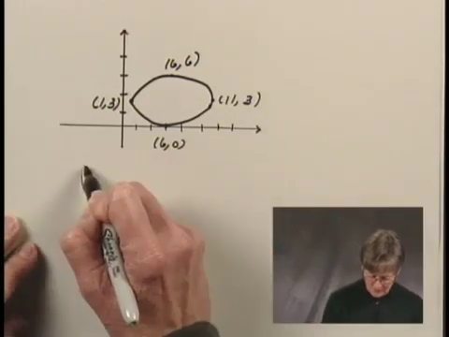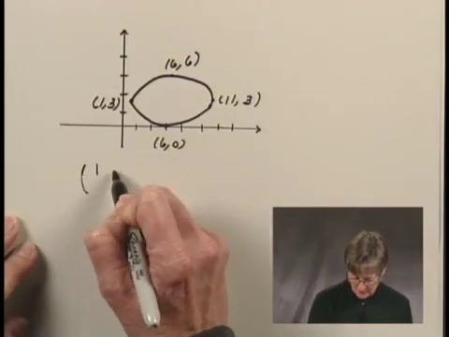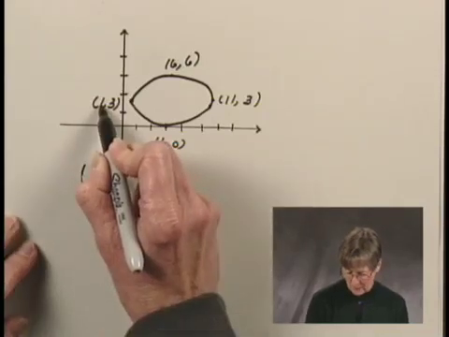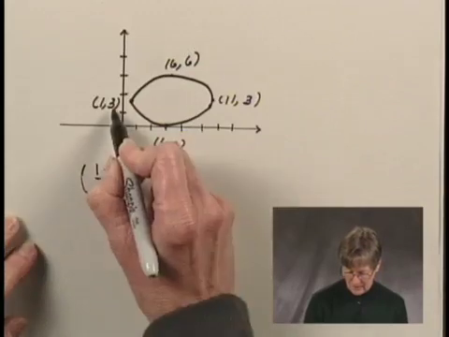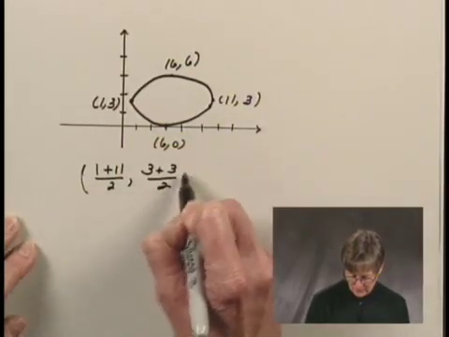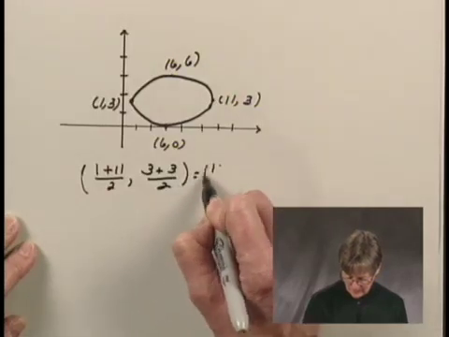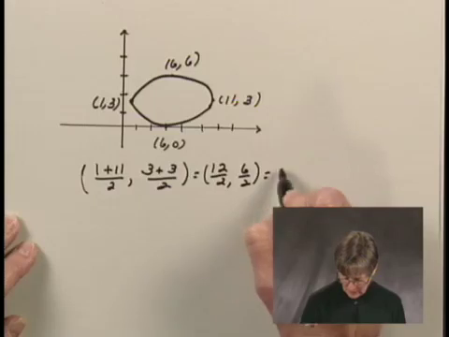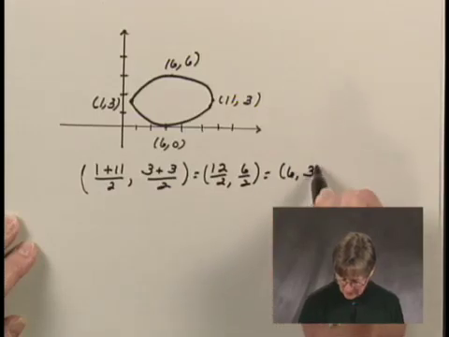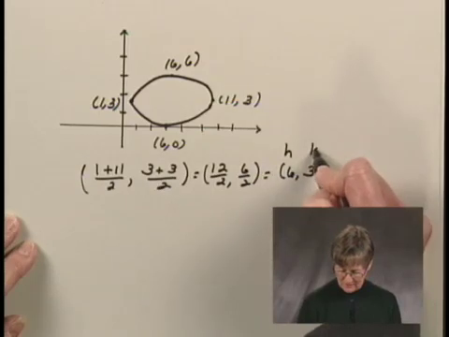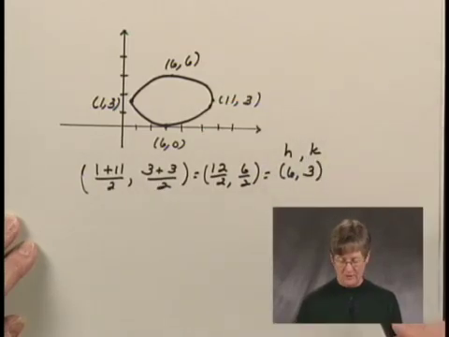So we'll use the midpoint formula that says that the midpoint would be (1 plus 11) over 2, and then the sum of the two second coordinates over 2. And this is 12 over 2, 6 over 2, which is the point (6, 3). So this is the center of the ellipse, and this tells us that h is 6 and k is 3.